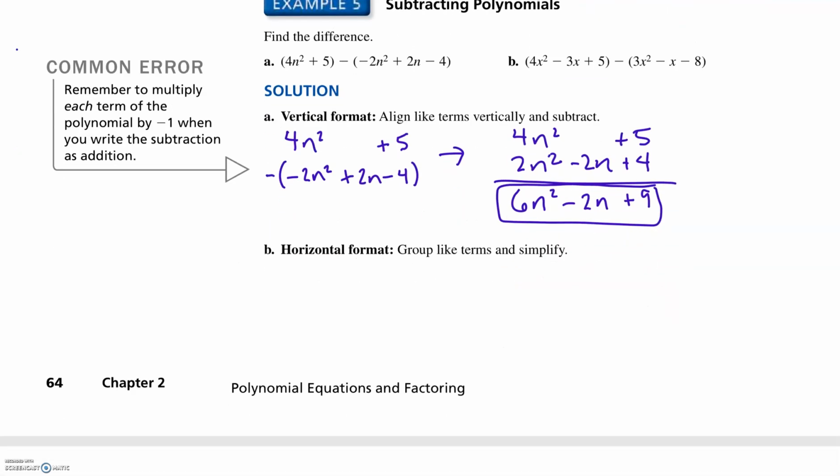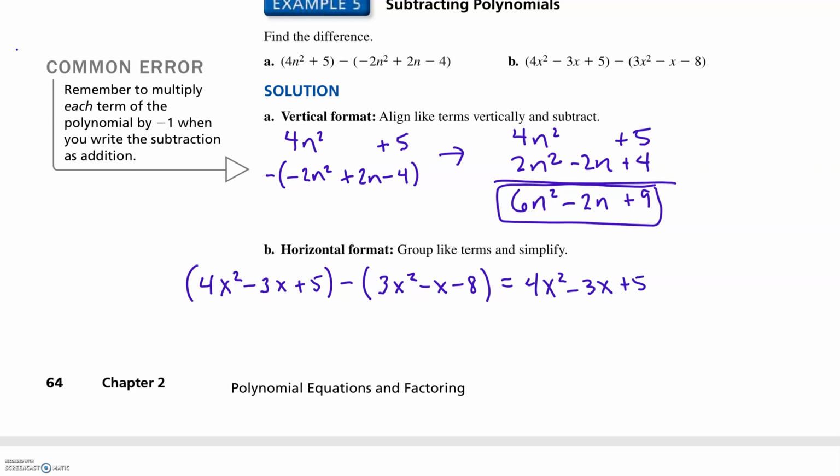All right, we're going to do the horizontal format with the second example. I'm going to rewrite the problem 4x squared minus 3x plus 5, subtracting 3x squared minus x minus 8. So I'm going to remove the first parentheses. They're just grouping the three terms together. But the second set of parentheses, I have to distribute the negatives.